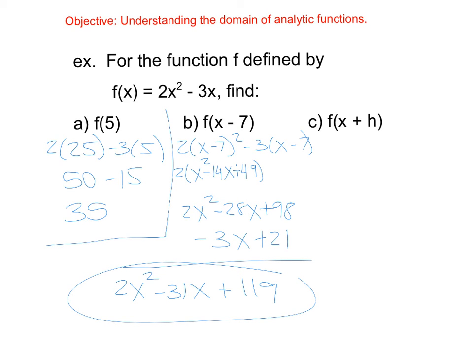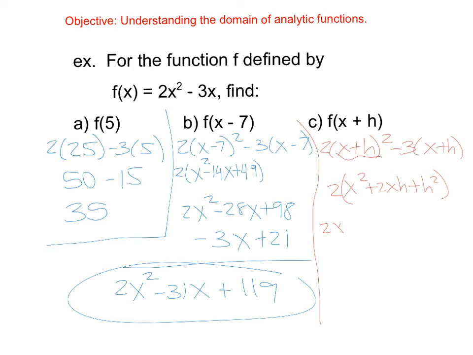And then this one, we're going to do a lot of x plus h's. It's the same idea. So if you multiply out x plus h squared, that's x squared plus 2xh plus h squared, times 2.